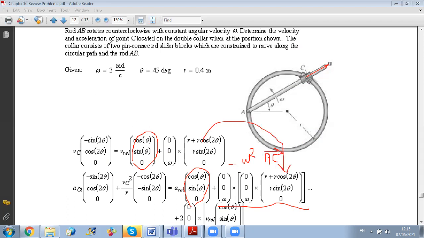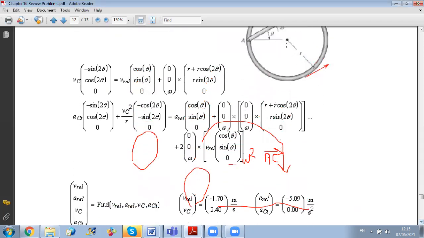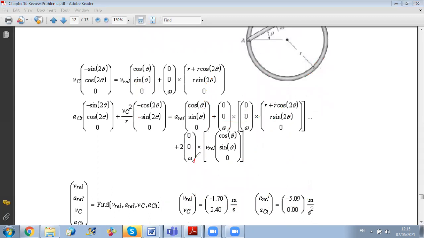And we still have the Coriolis acceleration. So it's plus 2 omega of the rod, which is only along K. And since it's counterclockwise, it's plus omega K, vectorial V relative. This vector was already calculated from the previous step here. So because we have calculated V relative from the first step, we can just replace and get this term.